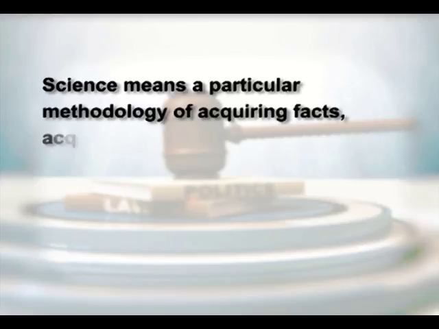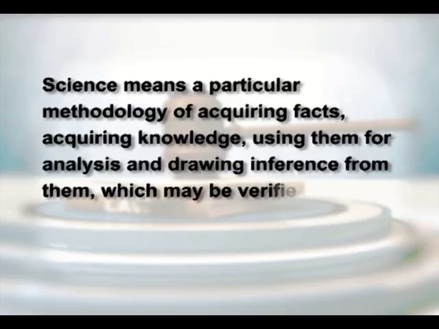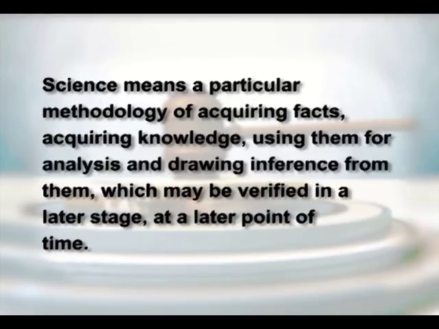Science means a particular methodology of acquiring facts, acquiring knowledge, using them for analysis, and drawing inference from them, and also from the fact that science amasses knowledge which can be verified at a later point of time.